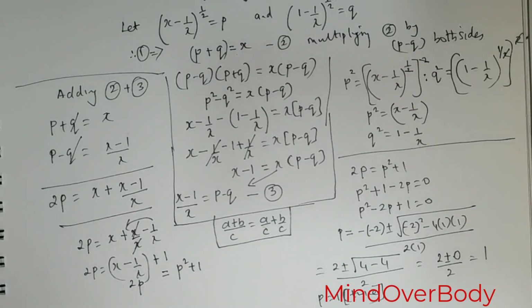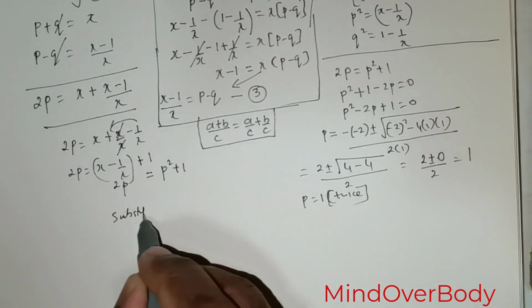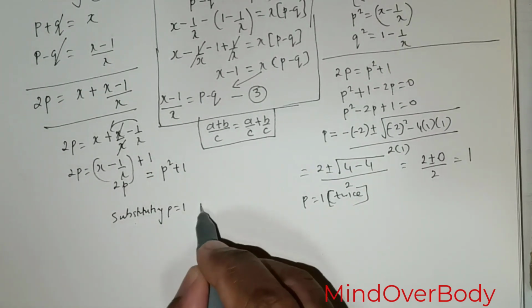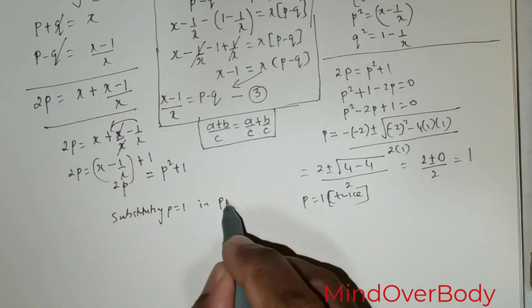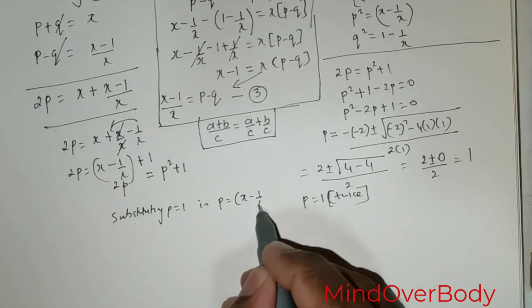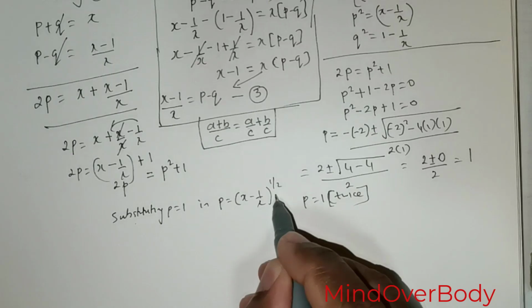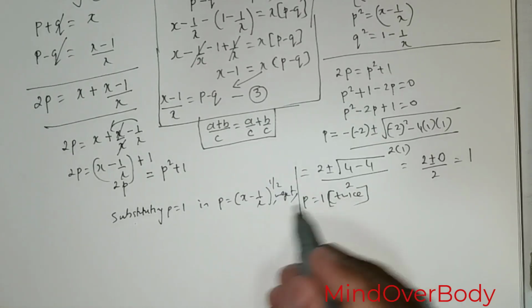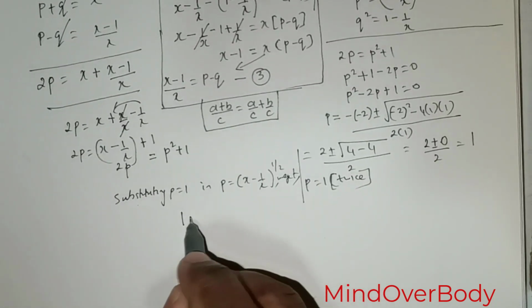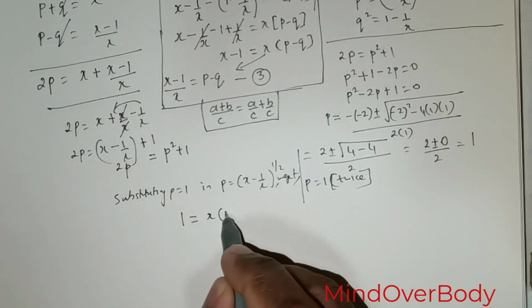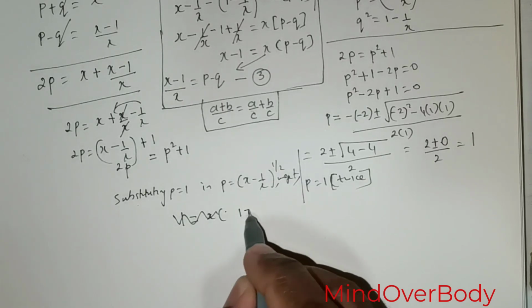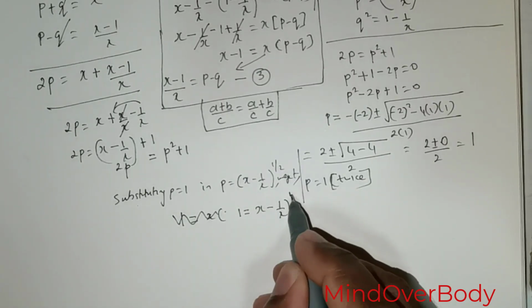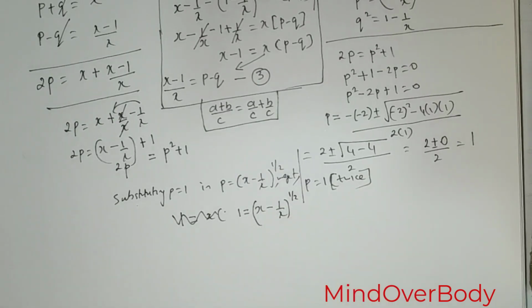So substituting p = 1 in p = (x − 1/x)^(1/2), we get 1 = (x − 1/x)^(1/2).